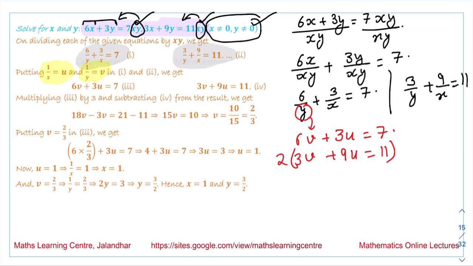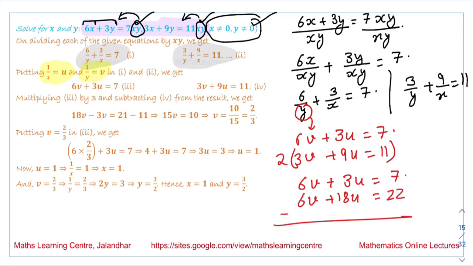We multiply this equation with 2, and the two equations we now have are 6v plus 3u is equal to 7, and 6v plus 18u is equal to 22. We subtract these two equations. What we are left with is minus 15u is equal to minus 15. So the value of u we get is equal to 1.